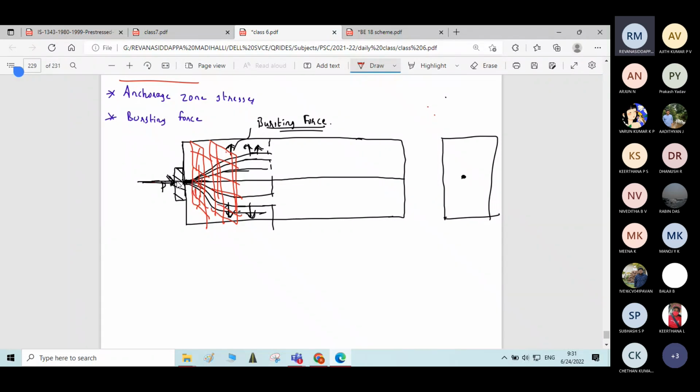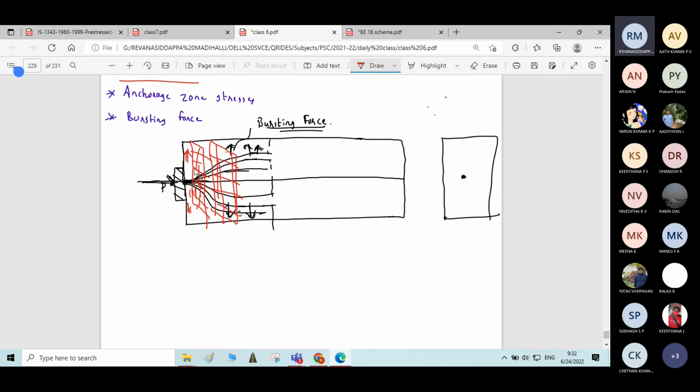When the compressive force is induced into the concrete member, very simply, in the transverse, vertical direction, tensile force will be induced, meaning tensile stresses will be induced. To resist these tensile forces, concrete is very good in compression but weak in tension. To strengthen the concrete for tension, what is the alternative?